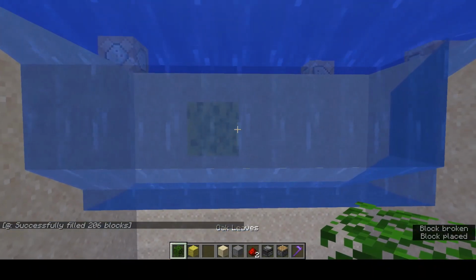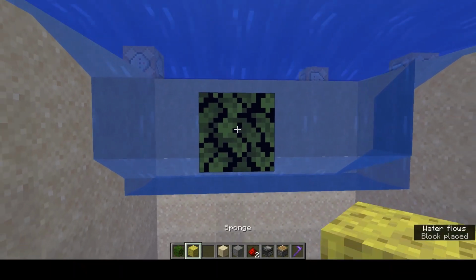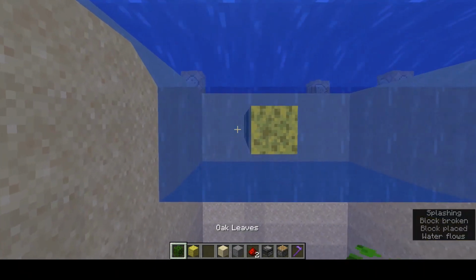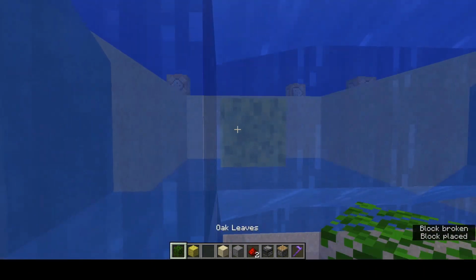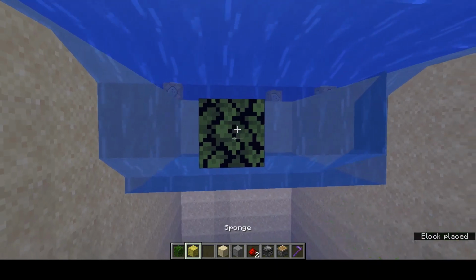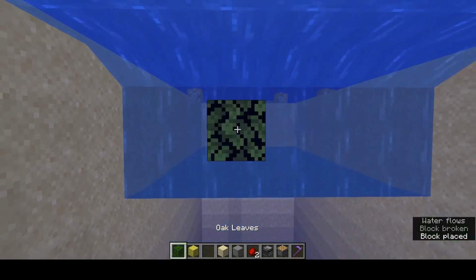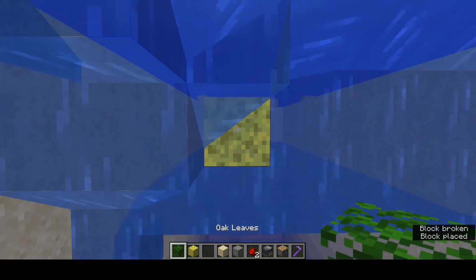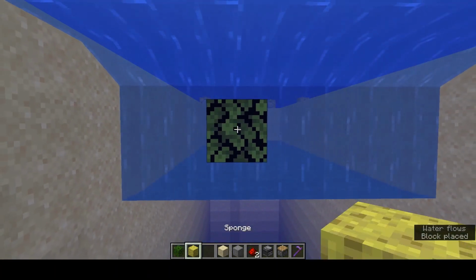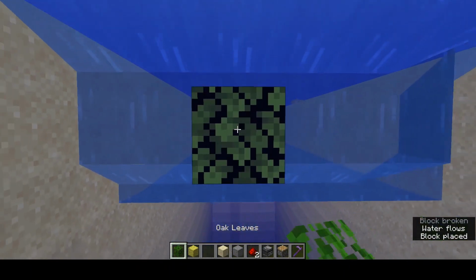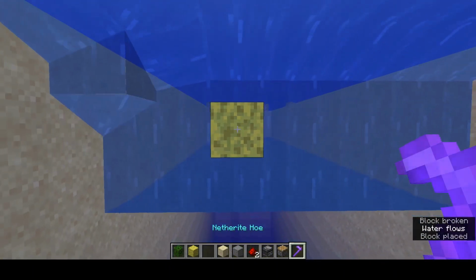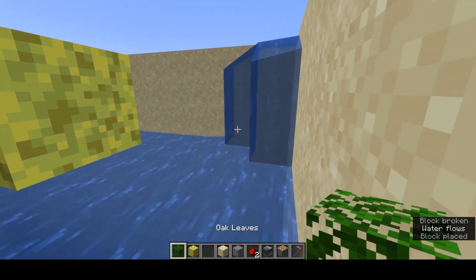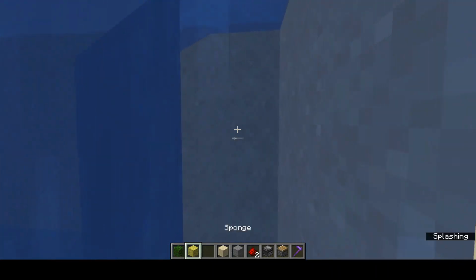So you go down to the second block, place your leaf block, and then sponge. 2 leaf blocks, sponge. 1 leaf block, sponge. 2 leaf blocks, sponge. And you carry that pattern all the way back. It's weird, but trust me when I say that this is the most efficient way to do a 7 wide. I don't get it either. But this is what I've found from my extensive testing.